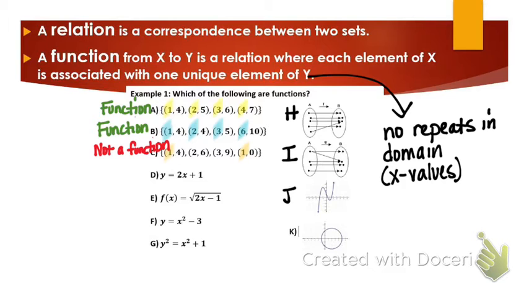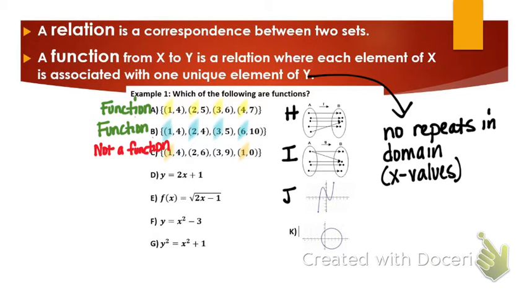When you're looking at an equation, you want to look for exponents on your y variable. So when we're looking at these next three, D, E, and F are all functions. But the last one in this column, G, is not a function because of that y squared.